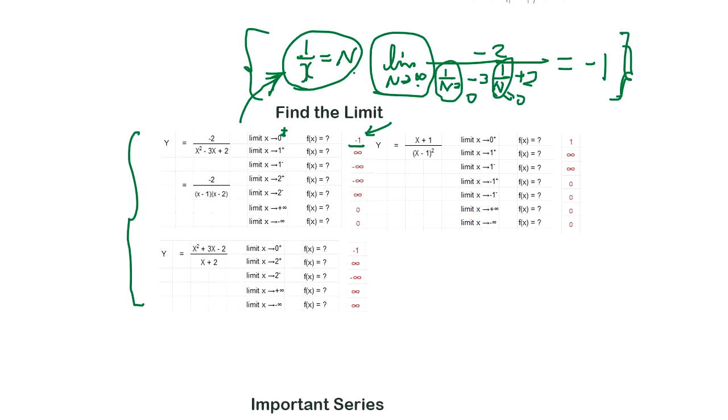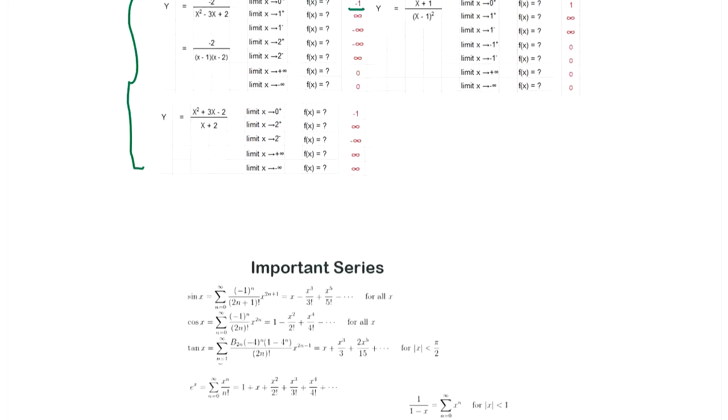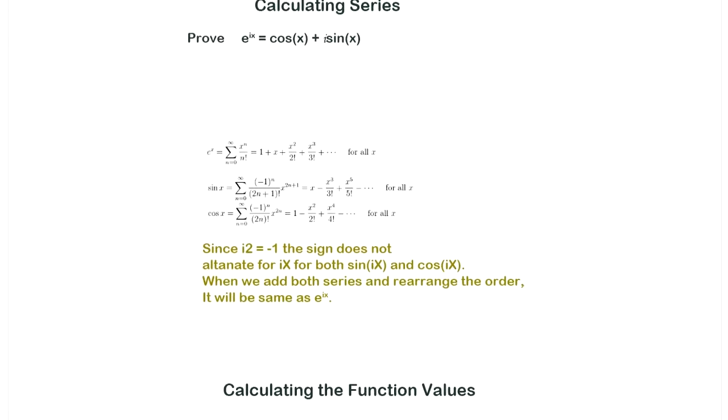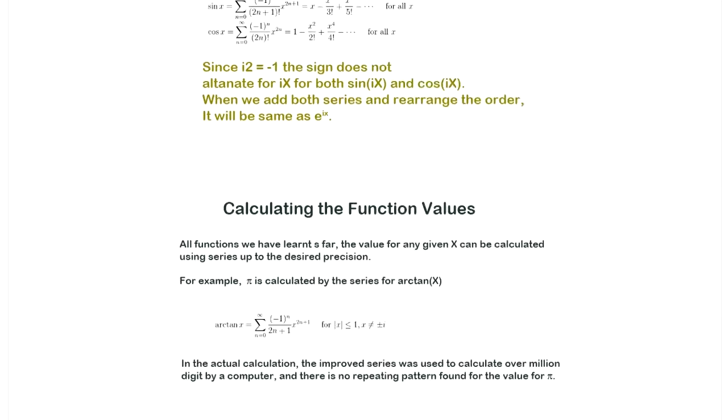So that's where you understand which way it goes. Okay, but the answer is always a definite number after limit. Okay, now we have an important series related to this infinitesimally small numbers stuff, but we skip this part.